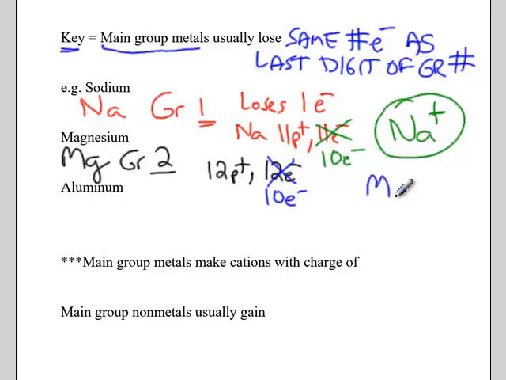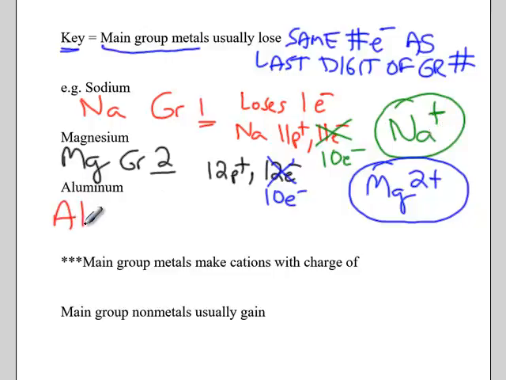So now magnesium has 2 more positives than it does the negatives. 12 positive protons, 10 negative electrons gives us a net charge of +2, which we write as a superscript. And notice the number comes first and then the positive sign. Also notice with the sodium we did not put the number 1. It's understood if you just see a positive sign, that means +1 charge.